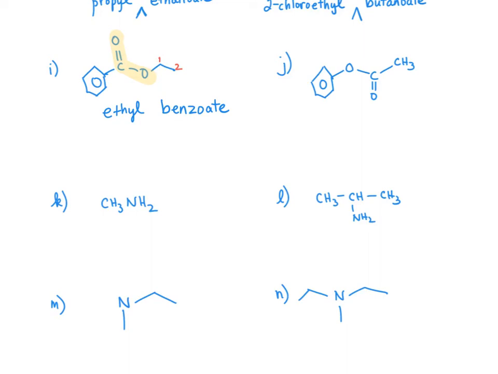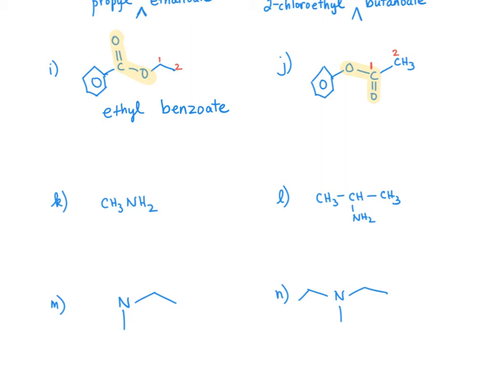All right, let's do J. I purposely did this one because it looks similar. We still have the ester linkage, and we still have the benzene ring. But the difference is, look where that C double bond O is. There's carbon number 1. And if I go away from the single bonded oxygen, I actually go away from the benzene ring.